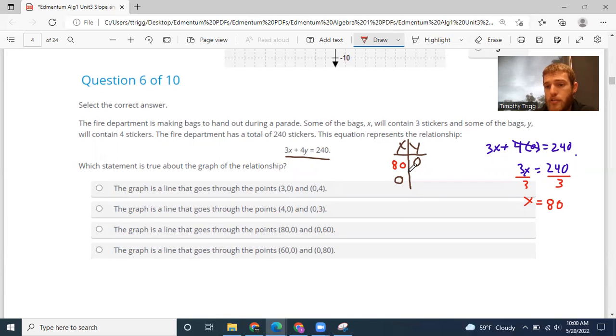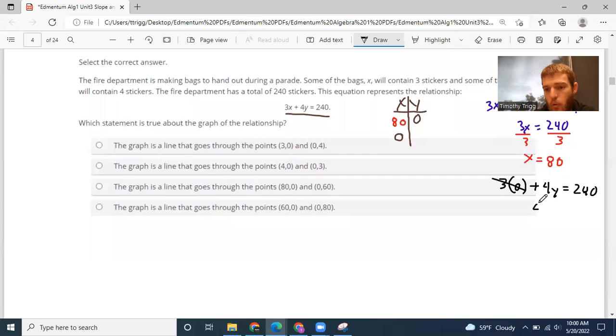What about our y-intercept? For our y-intercept, we replace the x with 0. So this will be 3 times 0 plus 4y equals 240. Once again, 3 times 0 is 0, so we get 4y equals 240.